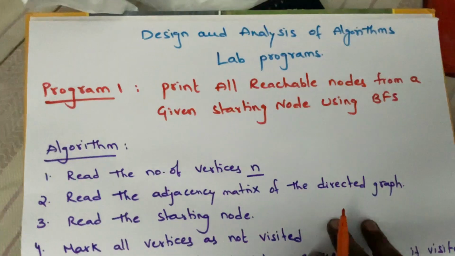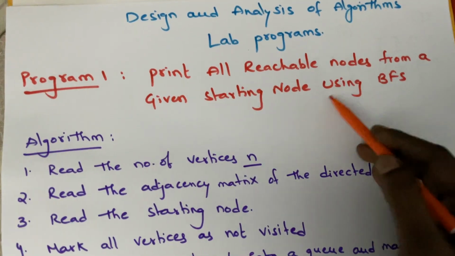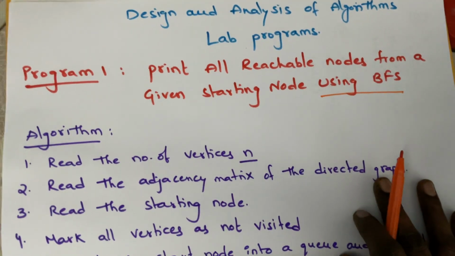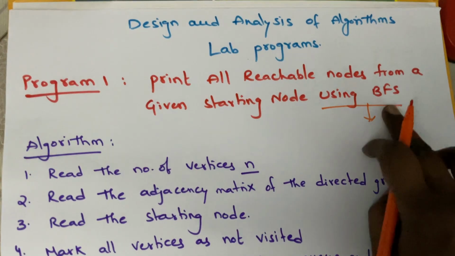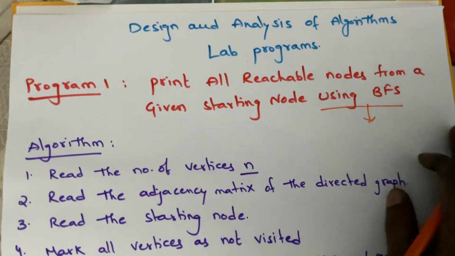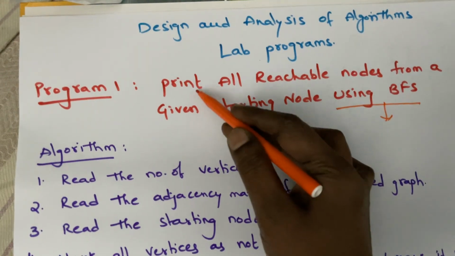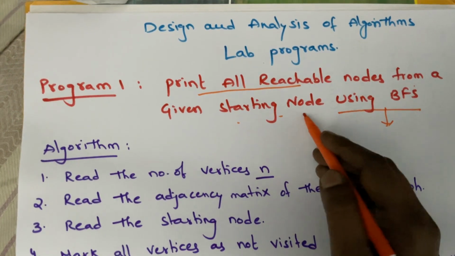The first program is to print all reachable nodes from a given starting node using BFS. It is purely about graphs. We know about the traversing techniques of graphs, that are BFS and DFS. Exclusively, in this program we have to print all reachable nodes from a given starting node.